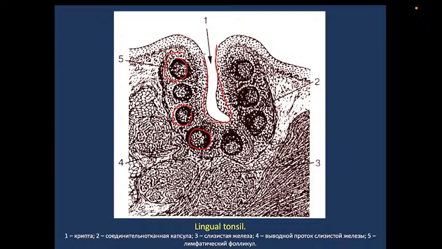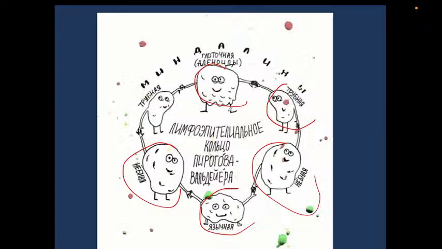This is a fissure or gap between two parts of the tonsil, and usually this is a part where microbes come into contact with the lymphoid tissue of the tonsils.